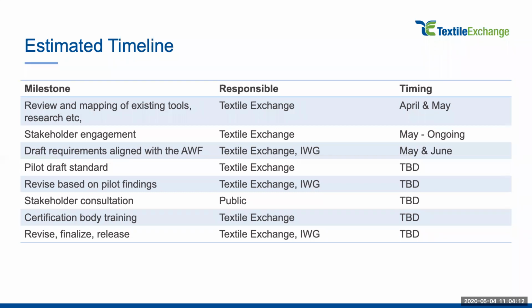However, with the travel restrictions in place at the moment, the timeline is to be determined depending on when travel is possible again to facilitate the pilot audits. So, as I mentioned, we have started the work of the initial research and drafting of the standards, and we expect to have a draft set of requirements ready for piloting in June.